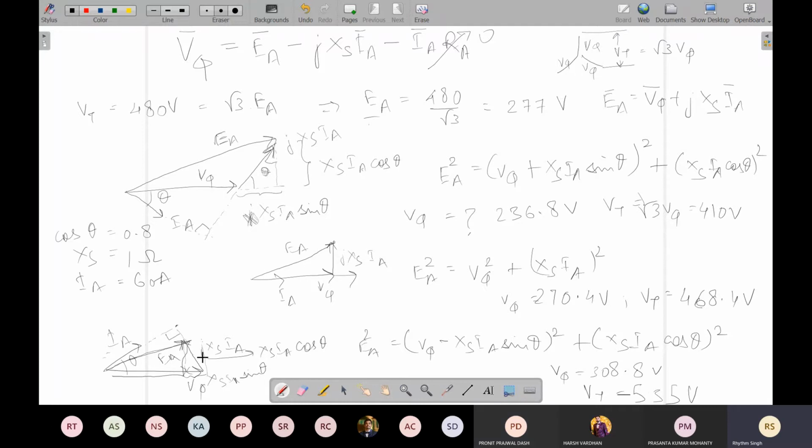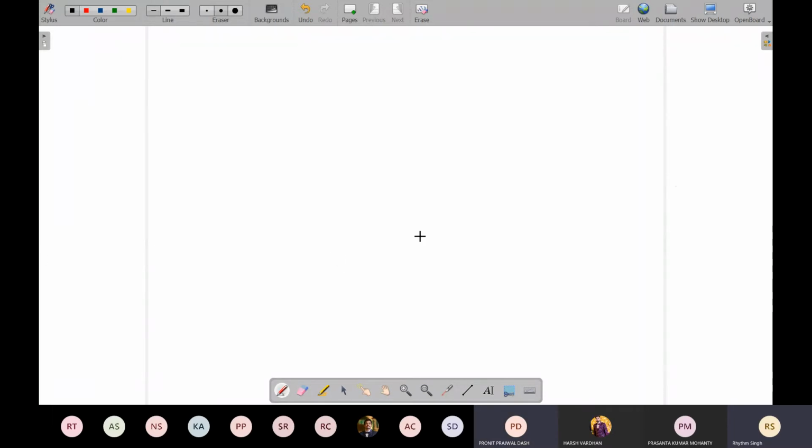Okay. Can I rub this and make a new one? Just let me make it more clear, because there was a lack of space. So your V phi is here, and your IA is like this. So perpendicular to this IA and leading to it, J axis IA would be in this direction.